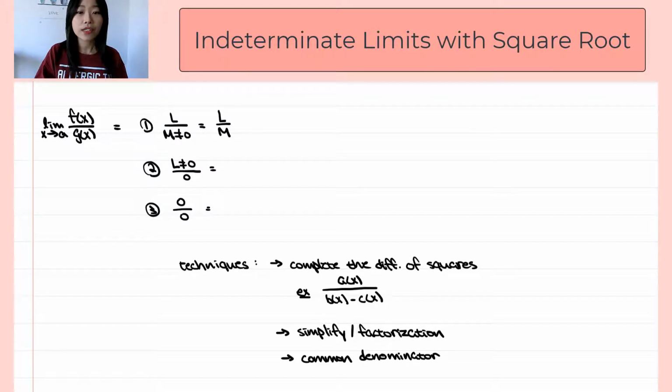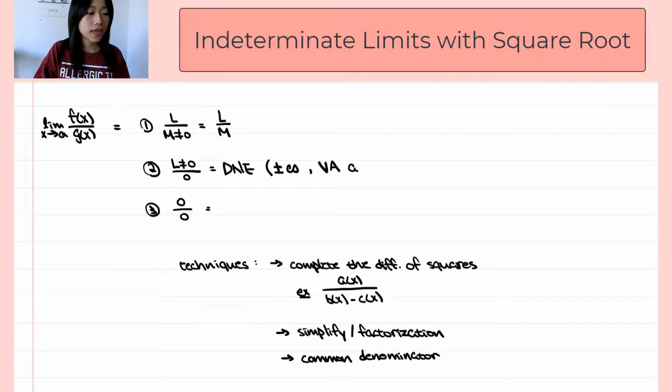But you can never have 0 in the denominator. So in this case, it means the limit does not exist. The limit will either go to positive or negative infinity, and it happens when there's a vertical asymptote at x equals a.